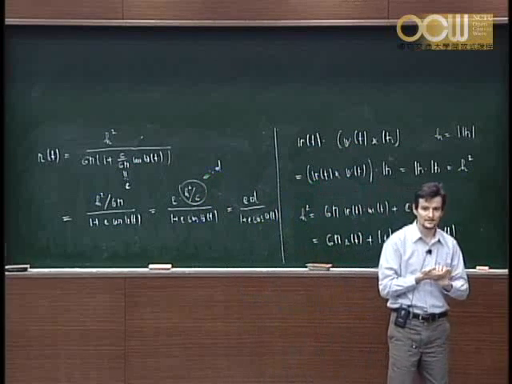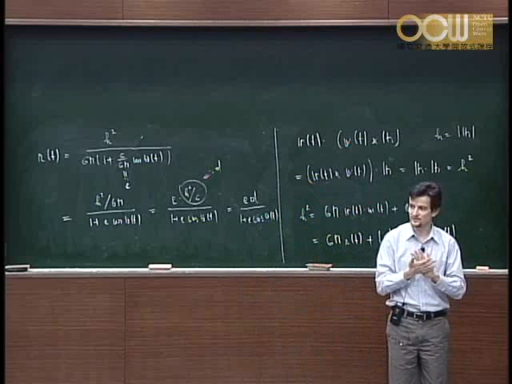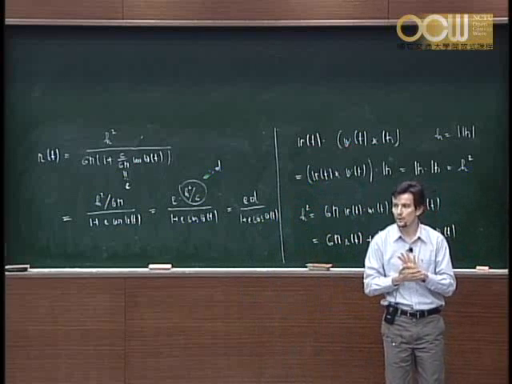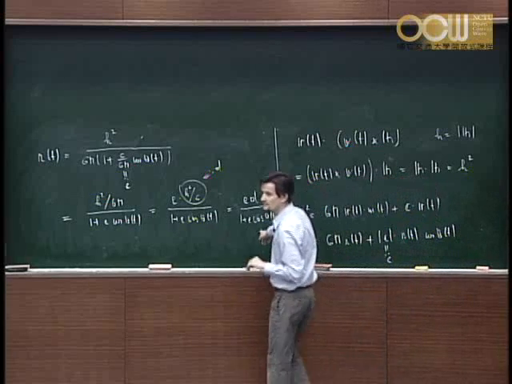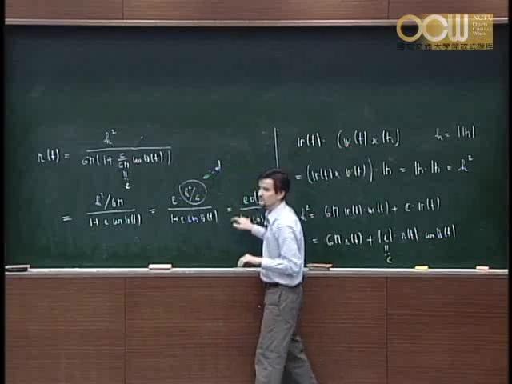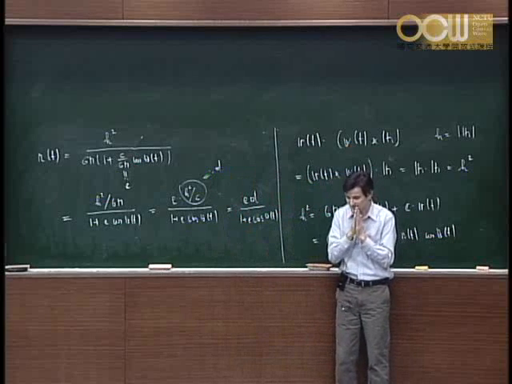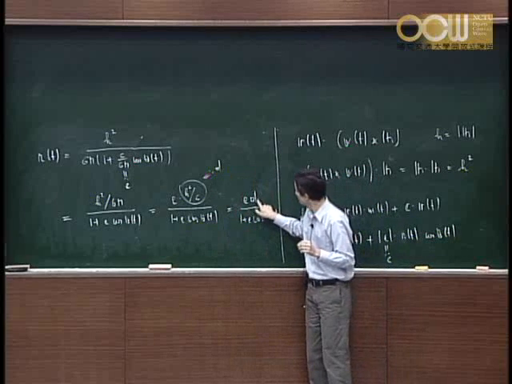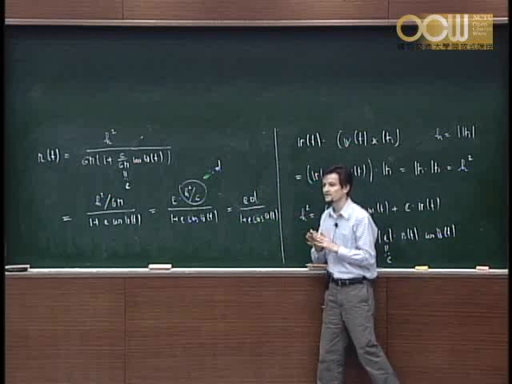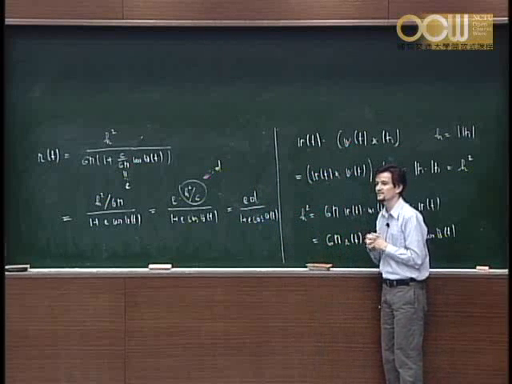From this definition you easily see that the parametrization of a conic section in polar coordinates is given by this here, where E is the so-called eccentricity, and D is a constant which is given from the major axis in the case of the ellipse.